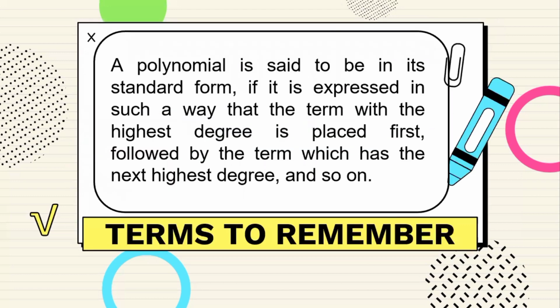Okay. A polynomial is said to be in its standard form if it is expressed in such a way that the term with the highest degree is placed first, followed by the term which has the next highest degree, and so on. Okay, that means to say that the exponents of each term are in descending order.